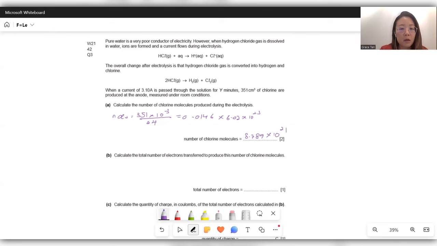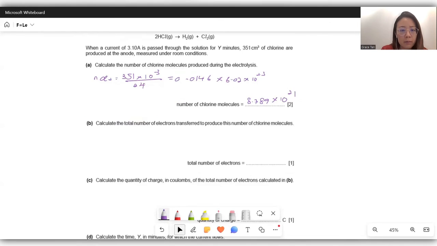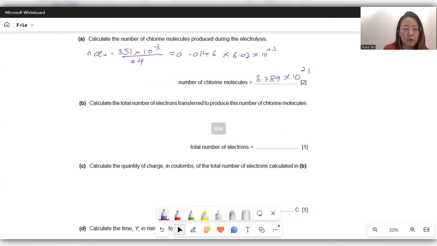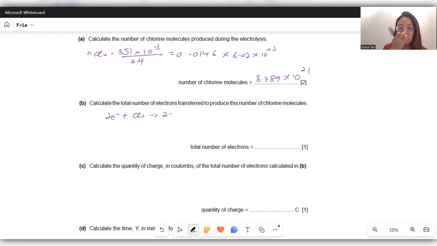Okay. Now next, calculate the number of electrons. So you need to bring your equation out. I'm going to zoom in a little bit more. This is just the half equation.